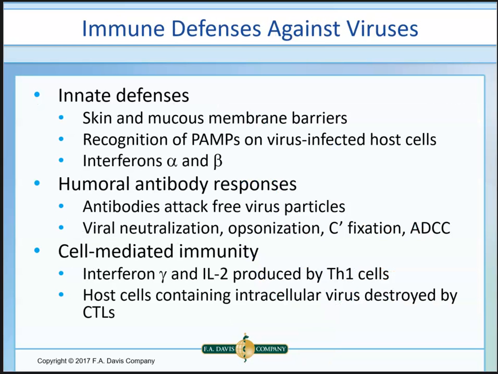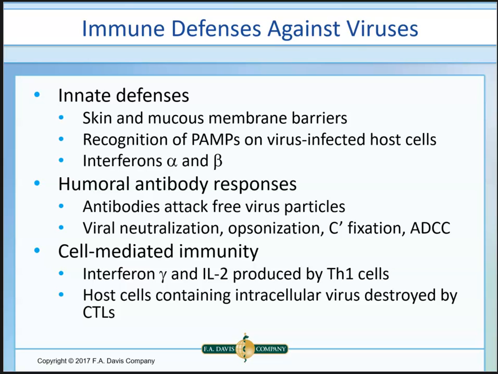So what are some of the immune defenses against the viruses? Of course, the same ones we've been talking about. The innate defense mechanisms. We'll look at a picture here in a second. If you go in your textbook, you'll see it on page 410, figure 23.3. This is the steps that we'll be going through.